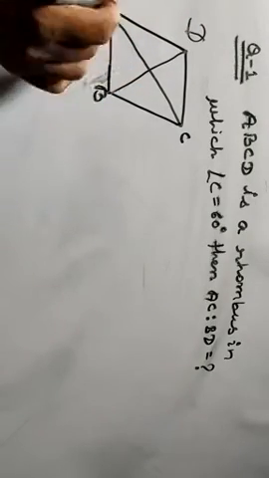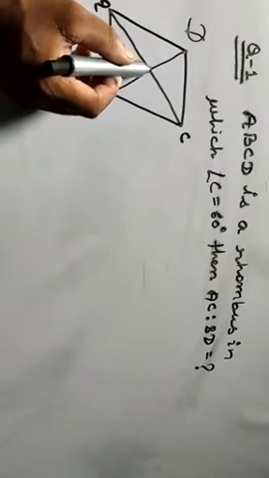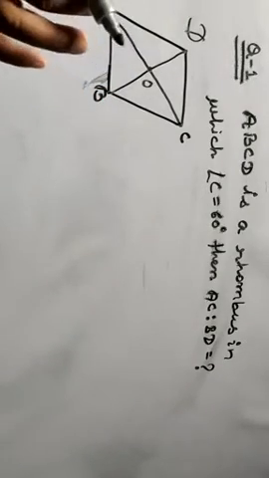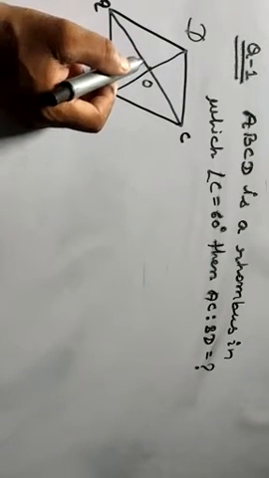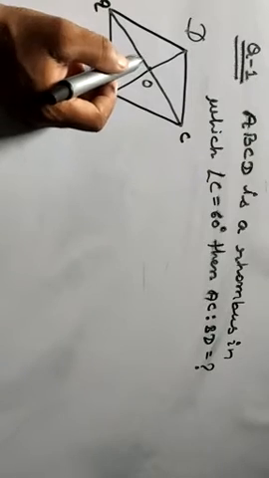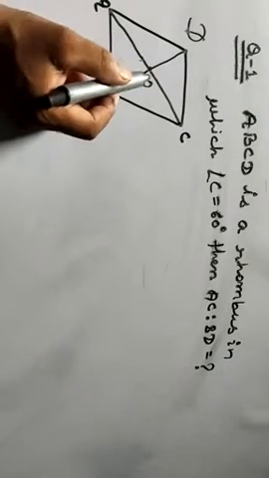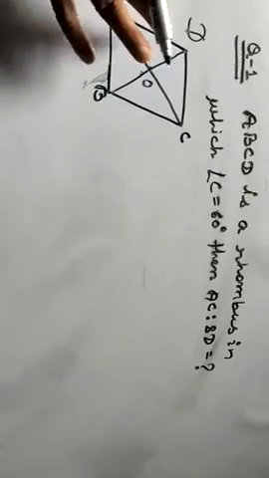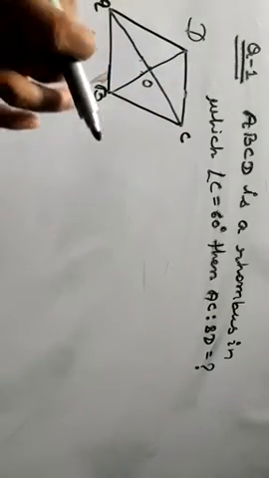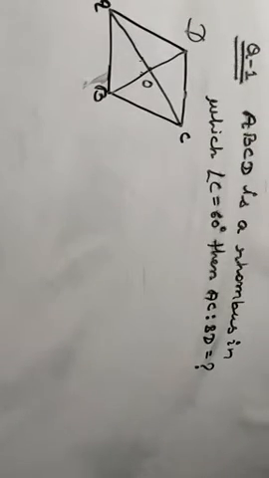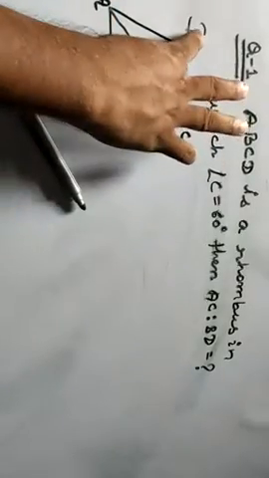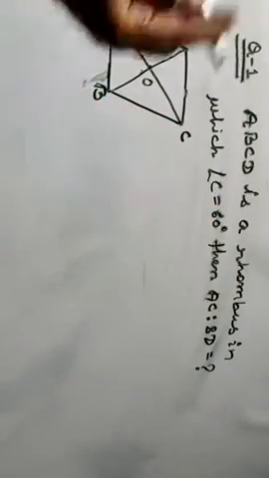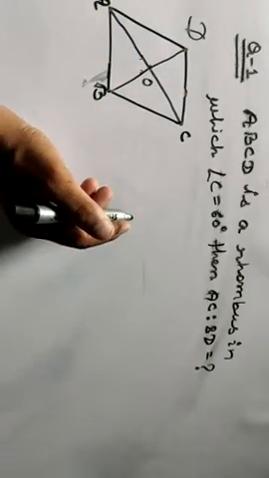Where AC and BD intersect at a point, in a rhombus the diagonals make 90 degree angles. In a rhombus, adjacent sides are equal. Remember the properties of the rhombus. Then we have to find out AC ratio BD.